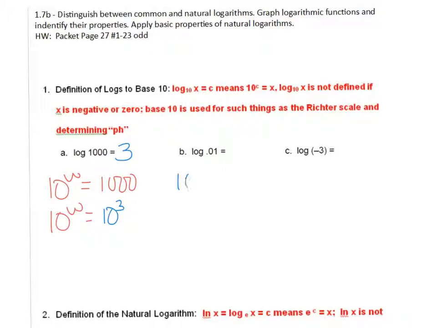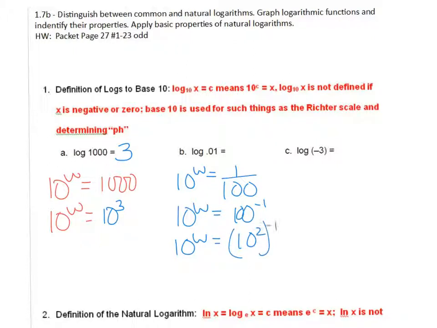For B, 10 to what power, instead of writing 0.01, I'm going to make that 1/100th. And then to make the bases the same, this is 100 to the -1 to make it not a fraction. And then 100 is 10 squared. We can multiply these exponents, so that is -2.